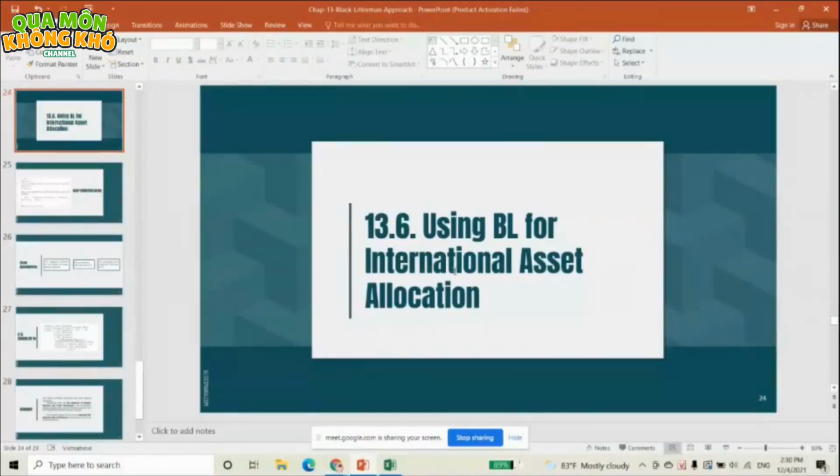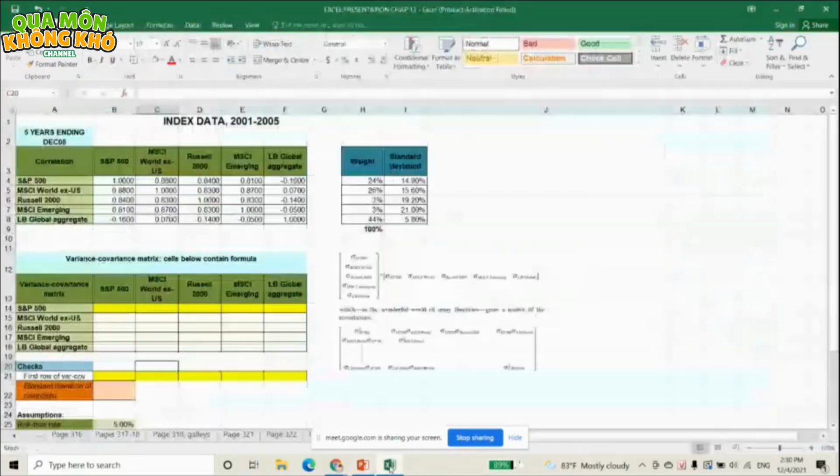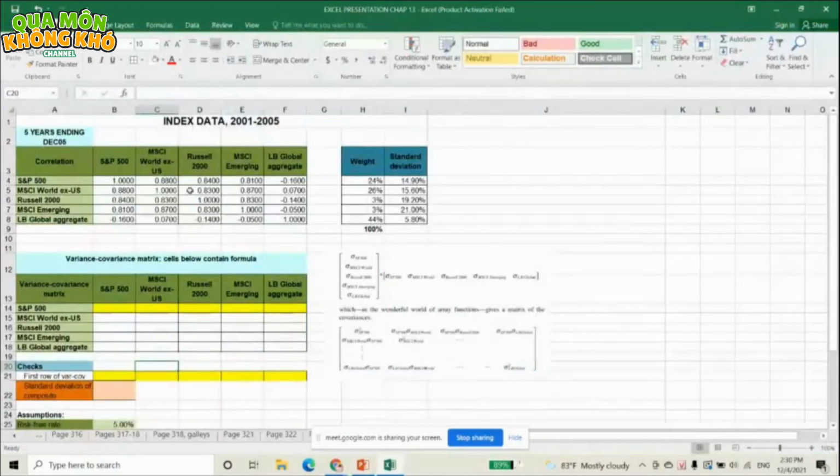Good afternoon, teacher and everybody. Now we end this chapter by using Black-Litterman for international asset allocation. This graphic below gives data on 5 major world stock market indexes: S&P 500, MSCI World US, Russell 2000, MSCI Emerging, and LP Global Average.